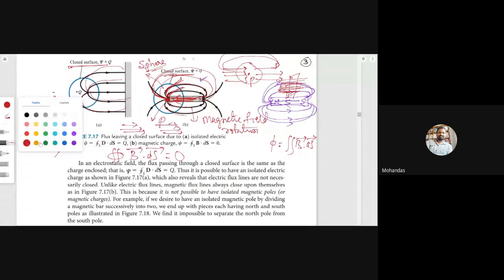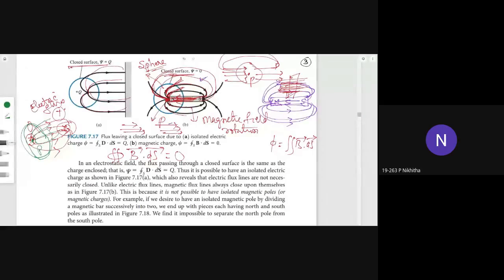Suppose I take a closed surface at this q, then from this point P, only flux lines are leaving. Is there any entering flux through this closed surface? No, sir.